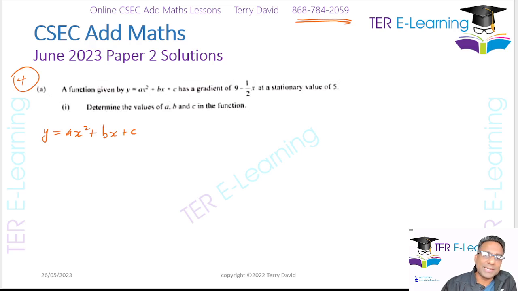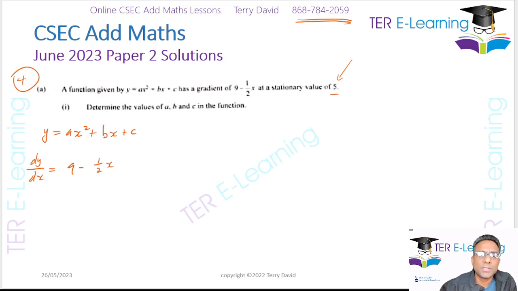And they said it has a gradient of 9 minus a half x. So what they're really telling me there is dy dx. dy dx is equal to 9 minus a half x. And they're telling me that I have a stationary value of 5. So this is your stationary value of 5. They want me to determine the values of a, b, and c.